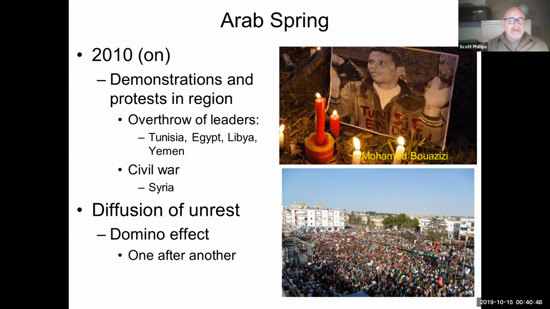By the way, this guy, Mohammed Bouazizi, was a fruit vendor in Tunisia, and he's credited with making the spark that lit this thing off, because he was a fruit vendor who was being persecuted by the authorities, and frustrated and in protest, he actually set himself on fire in the streets.